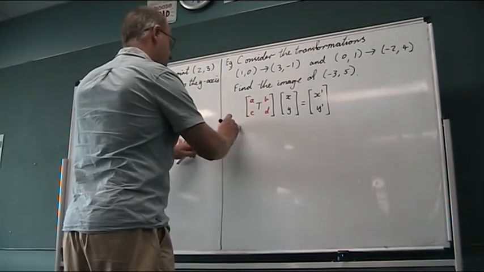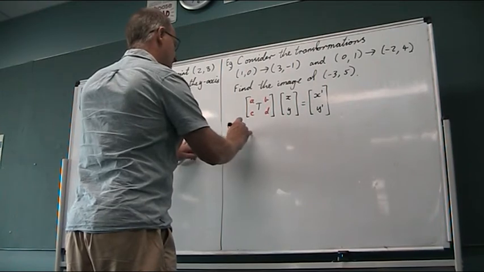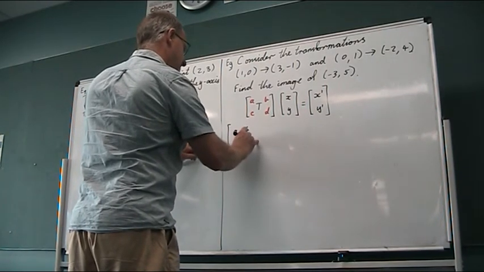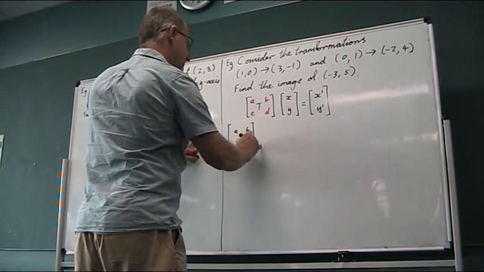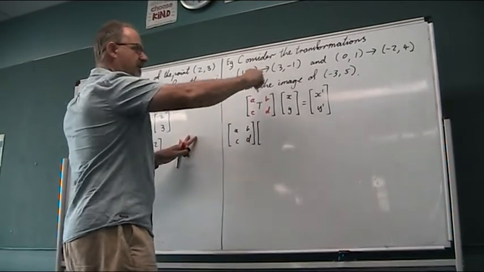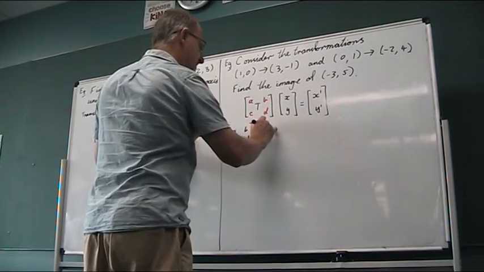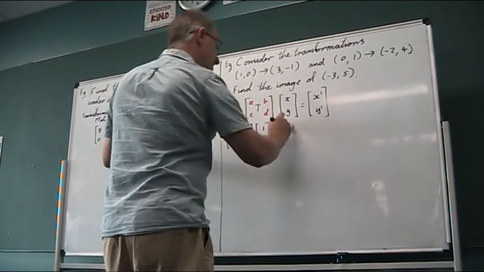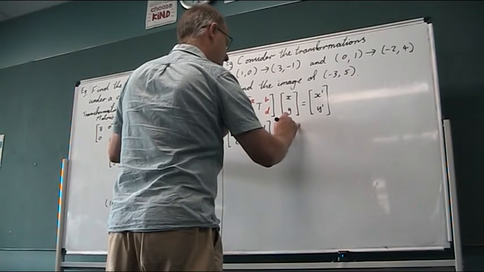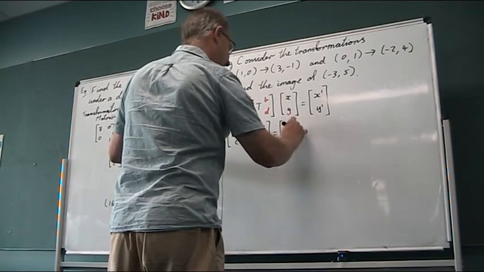For this first one, I've got A, B, C, D, our transformation matrix, and we're multiplying that by 1 and 0. And when we do that, we get 3 and minus 1.